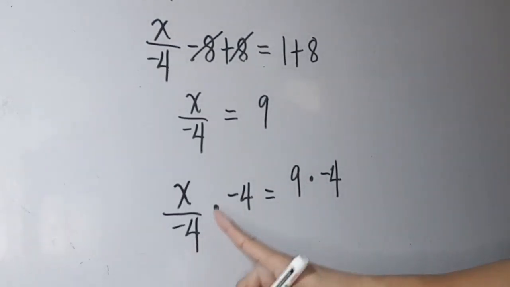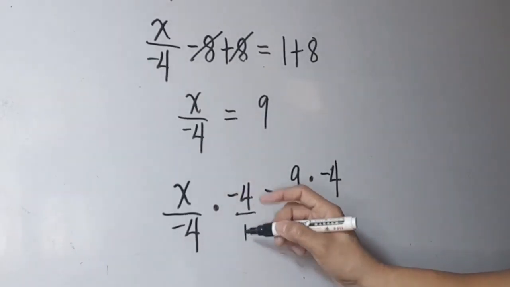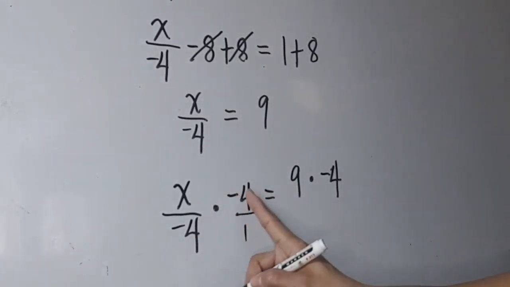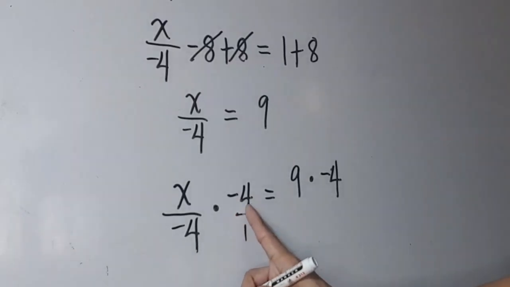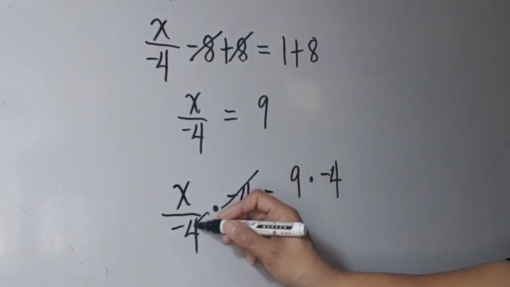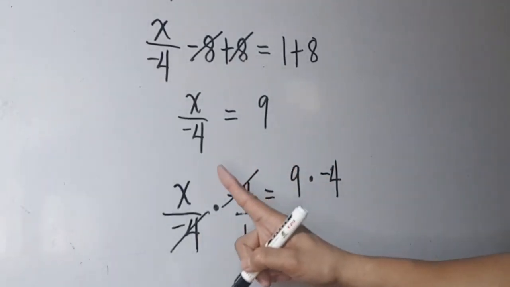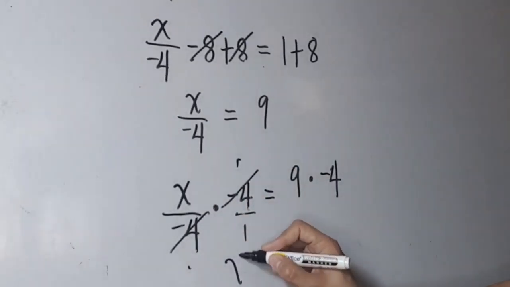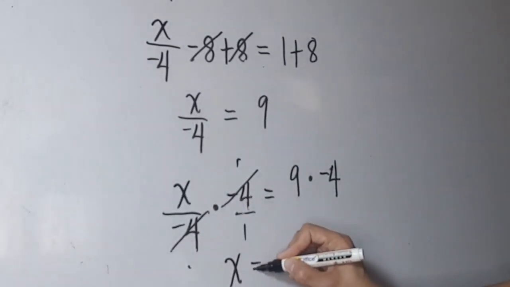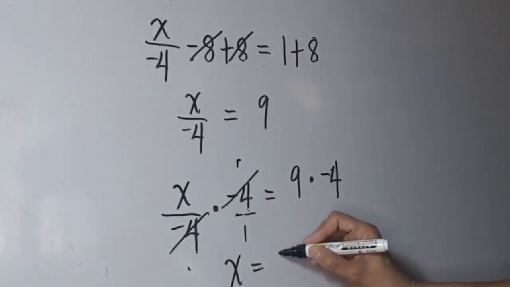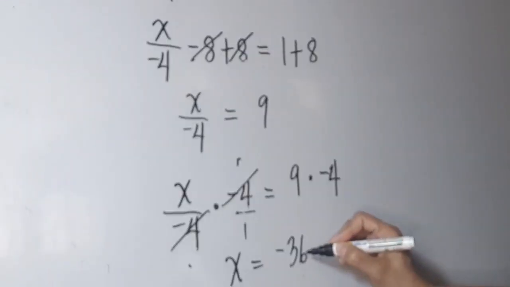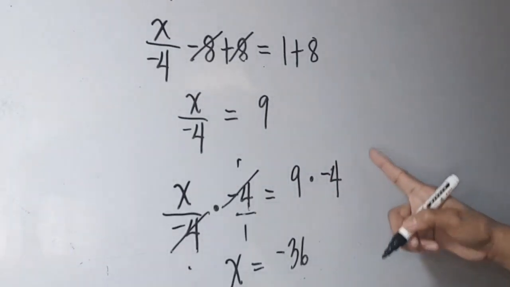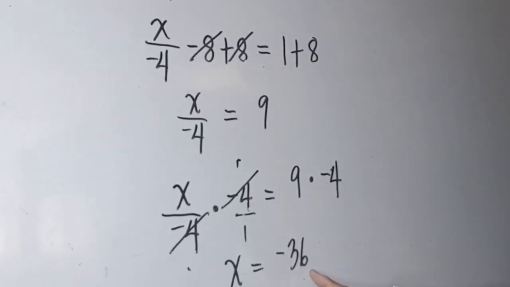You're going to cancel the two negative 4's here. So, we have x over 1 or simply x. So, x is equal to negative 36 because 9 times negative 4 is negative 36.